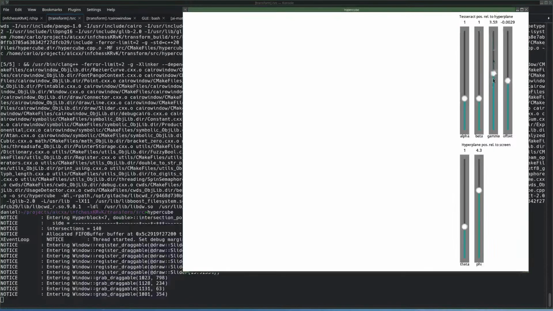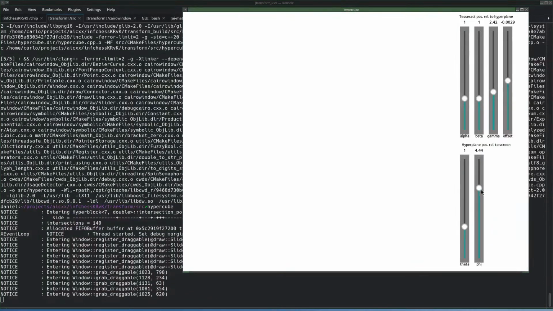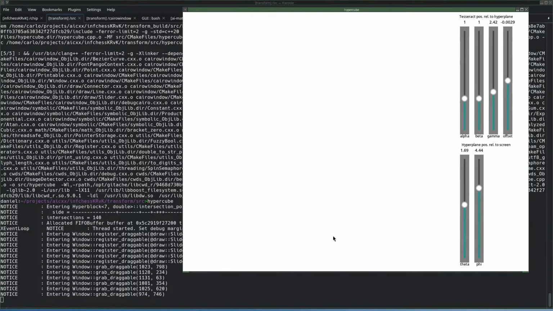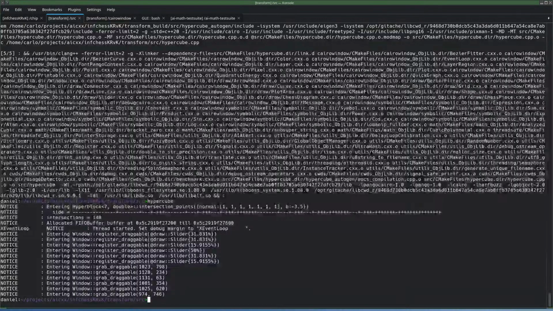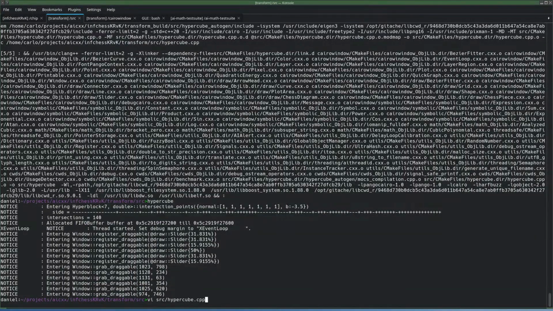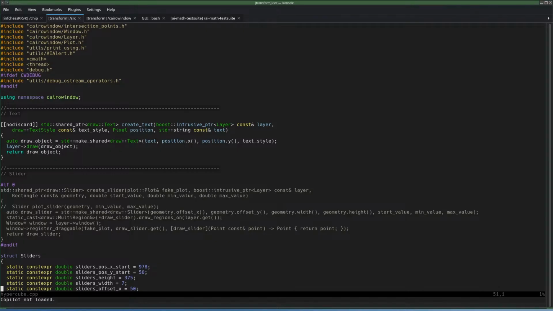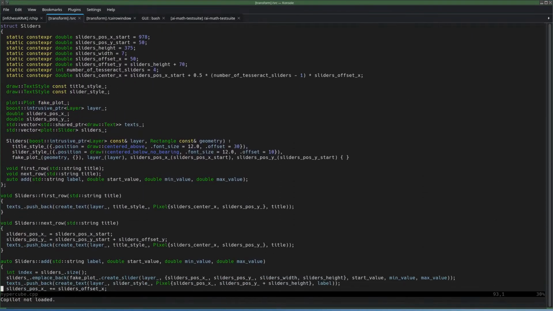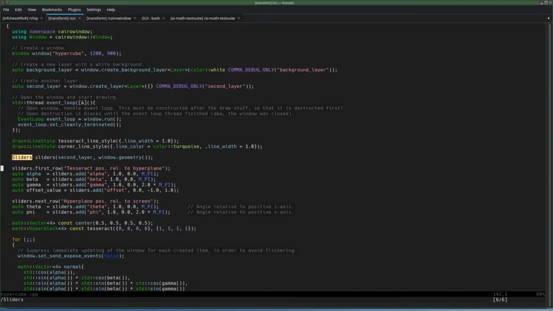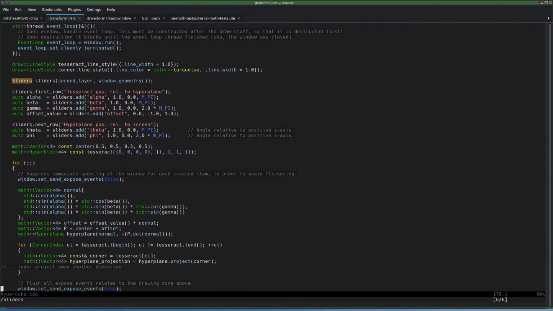Yep. Let's go through pi, 2 pi, 2 pi, 1 pi. Adding sliders is made easy, as it were.